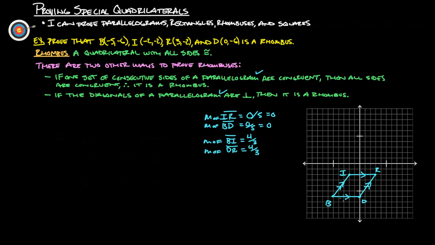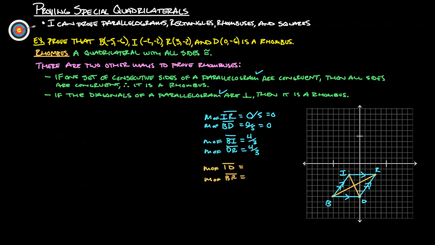Either one is pretty straightforward. I'm going to stick with the slopes because we've been doing that over and over. So we'll find the slope between I and D, and between R and B.